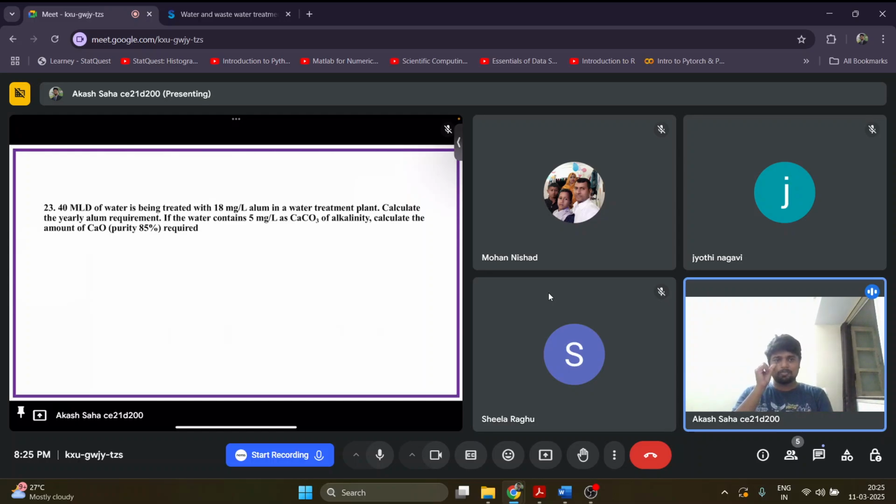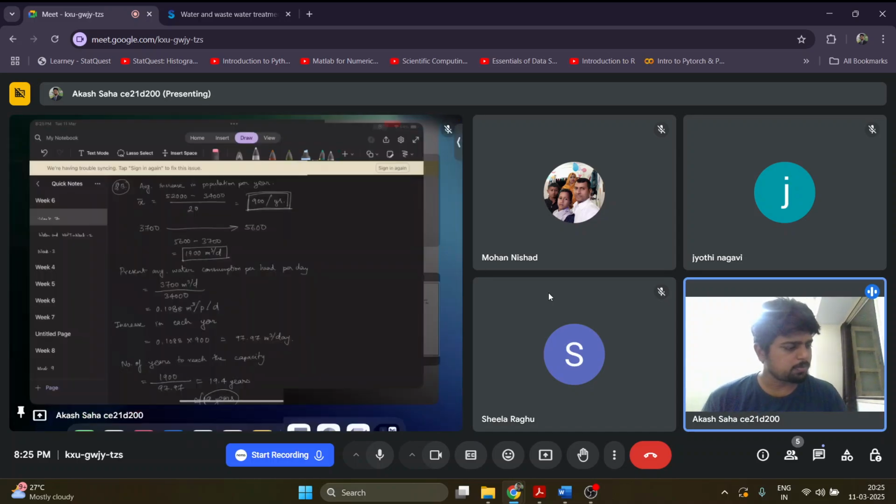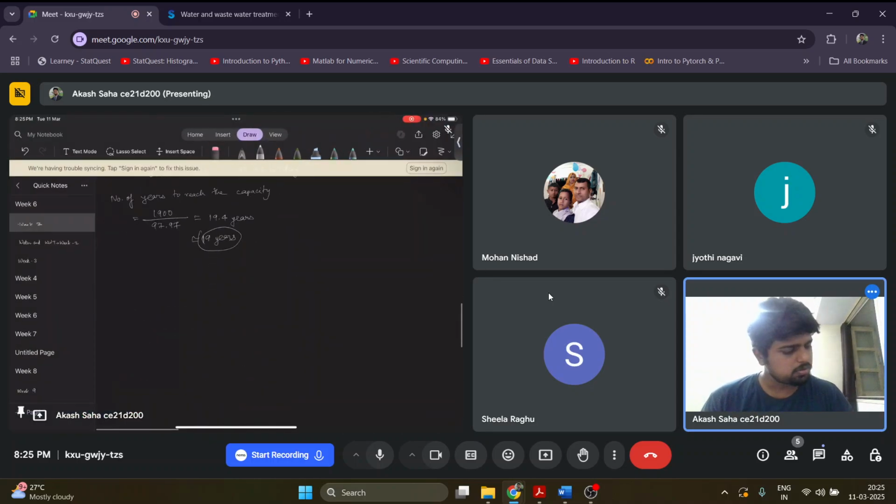So always remember this. To solve any kind of problem, this will be required. Okay, we will solve this problem. So what is happening is, in this reactor, 40 MLD of water is coming, and we are putting an alum dosage of 18 milligram per liter.